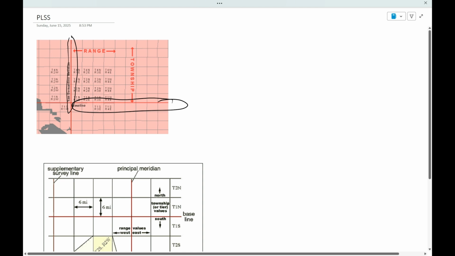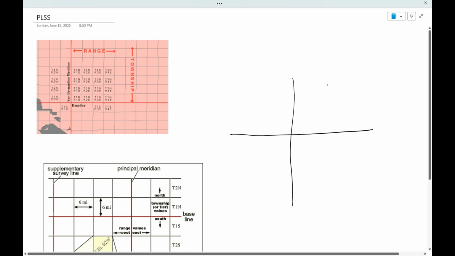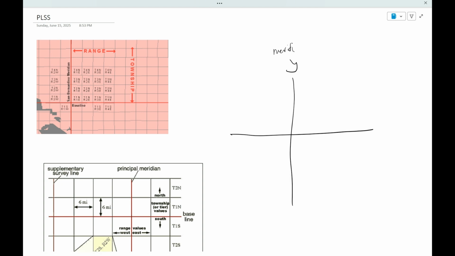All right, and so these two baselines are key to remember because if you think about it like a graph, here's your y-axis, and this is the meridian, and this is your x-axis, and this is the baseline, right? Anything in the positive area of your graph is where the township is north and the range is east.